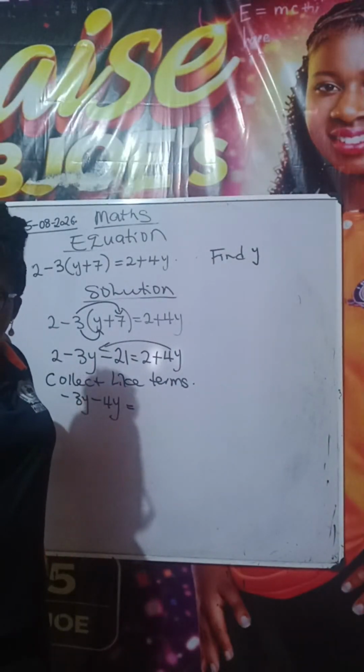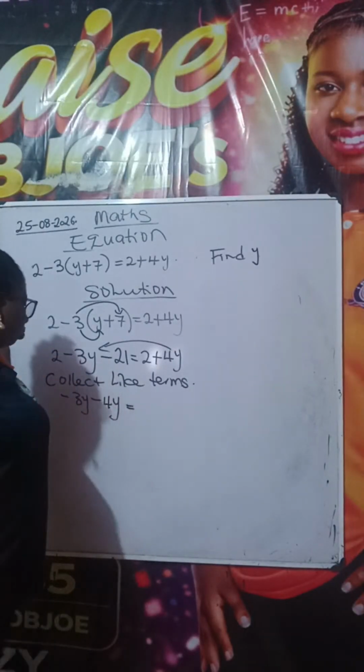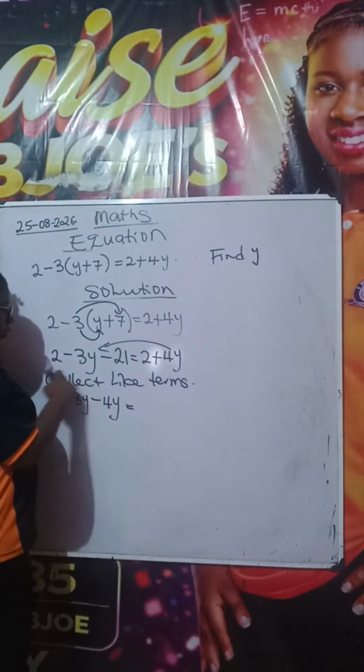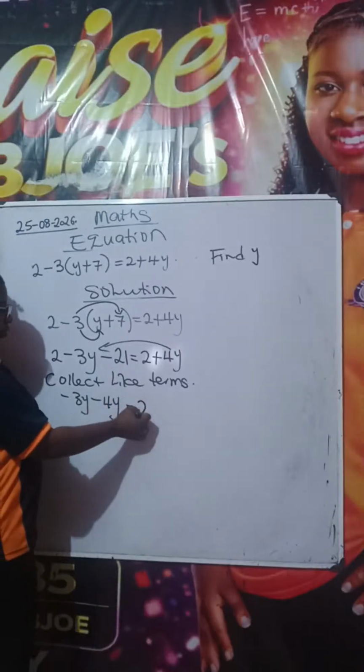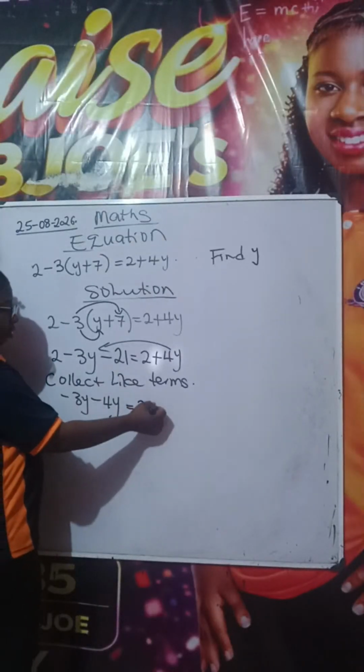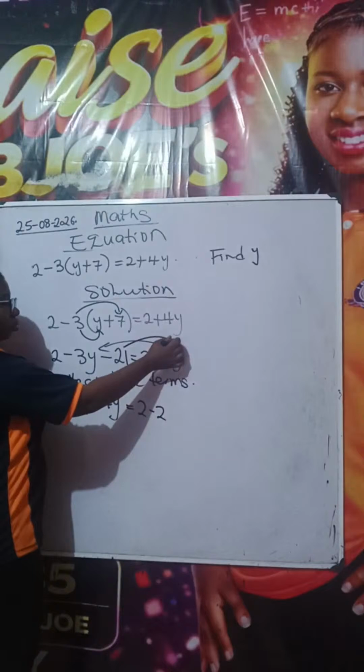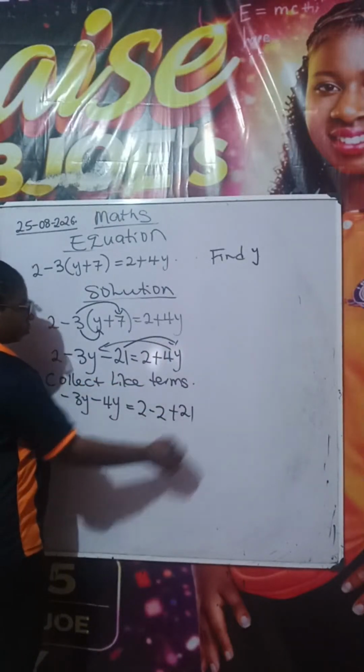You first write your 2. If the 2 moves to this side, we get minus 2. The 21 also moves, so we have plus 21.